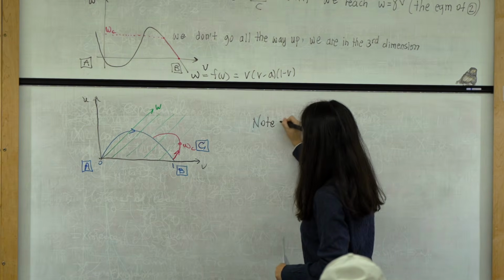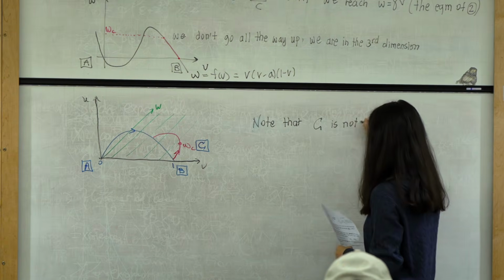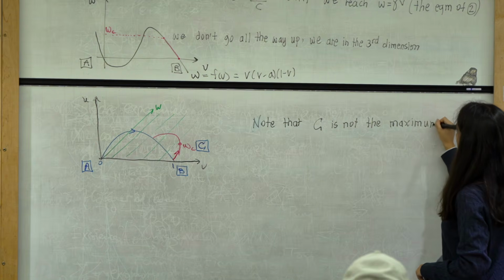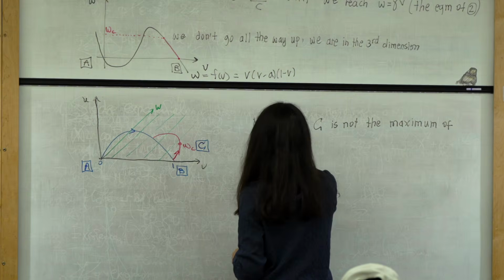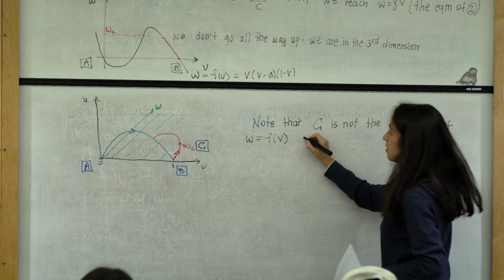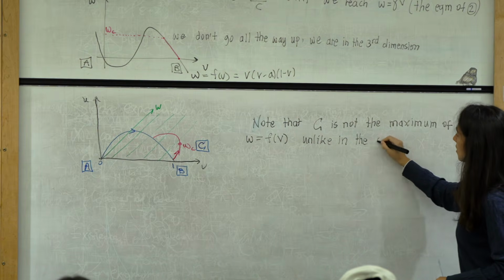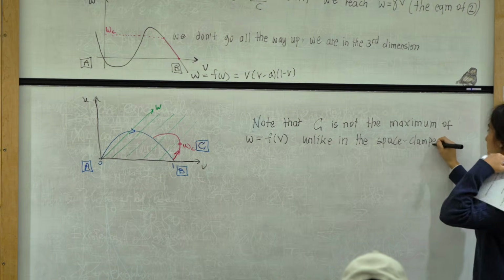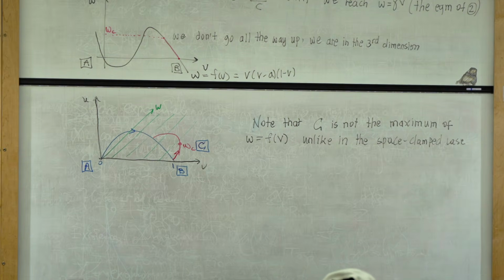So now that C is not the maximum of the curve f of v is equal to w, unlike in the space clamped case. When I'm talking about space clamped case, I mean the one where you don't have spatial dependence for the v, it's just the time one that we originally looked at.